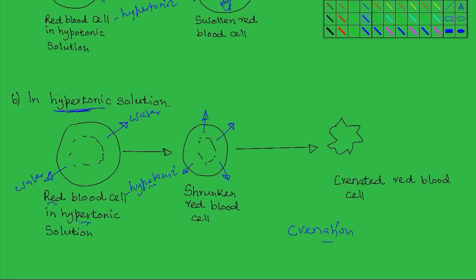Now remember, within the bodies of animals, cells rarely become hemolyzed or crenated. Why?